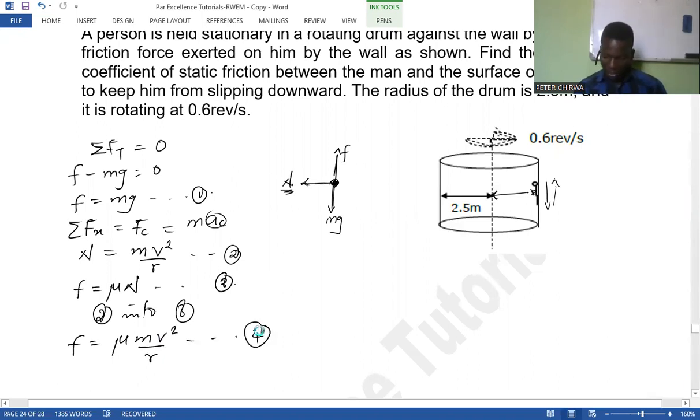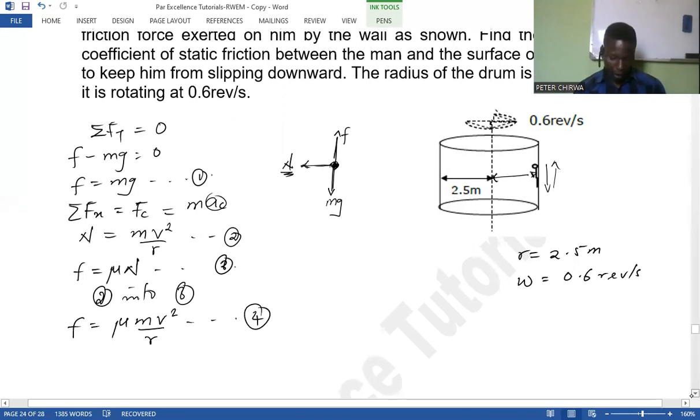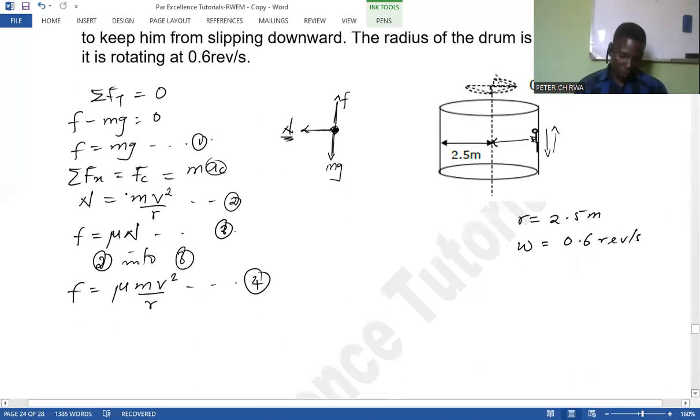So it's just playing with equations. Okay, so let me just put small data here. The radius is 2.5 meters, and omega is 0.6 rev a second. Okay. All right. So now, what do I have?